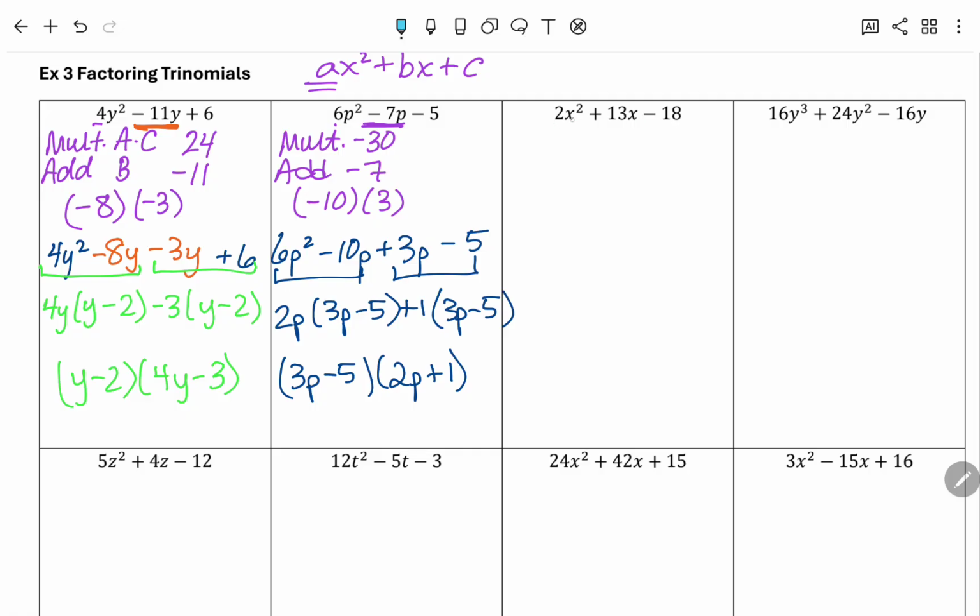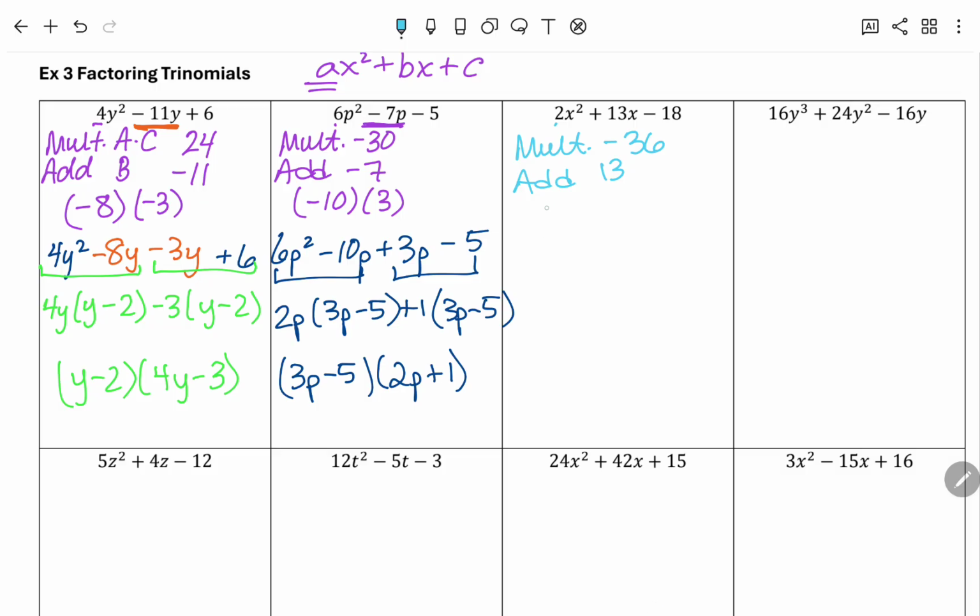Okay, let's go with this color here. Again, no GCF, a is greater than 1. I need to find what multiplies to give me negative 36 and will add to give me 13. So sometimes if I have a larger number that's going to have a lot of factors, I like to list them out.